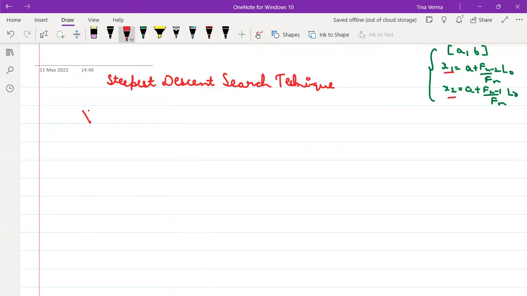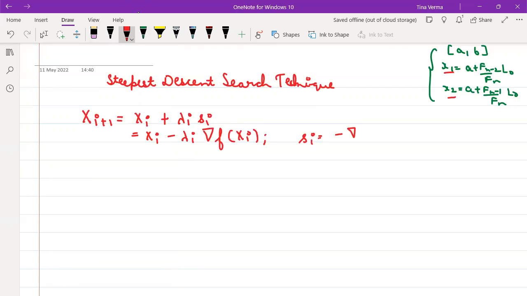So the same you are doing here. So xi plus 1, here it will be xi plus lambda i into si, and your si is nothing but minus gradient of f of xi. Here your si is माइनस डेल्टा एफ ऑफ एक्स आई.